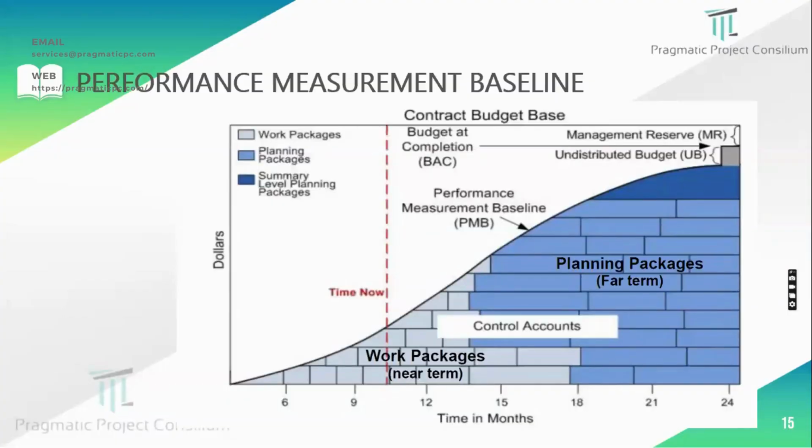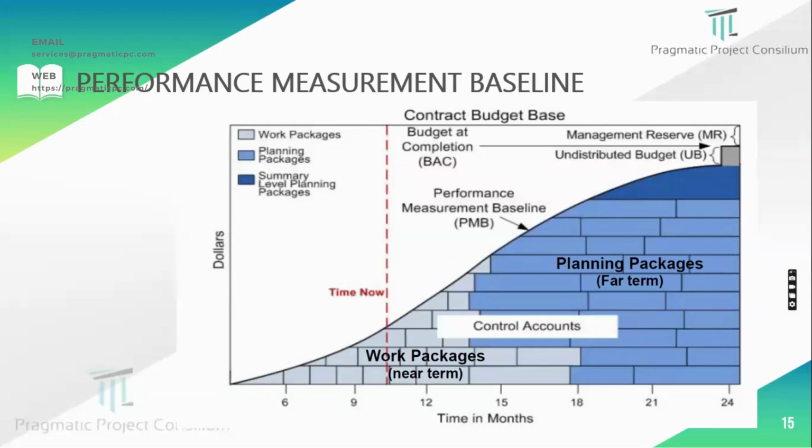Here, on the summary level planning and undistributed budget, you can see the contract budget, where the initial work packages are in the gray area, and the planning packages are also shown in light gray, and the summary level planning packages in the future are also showcased now.